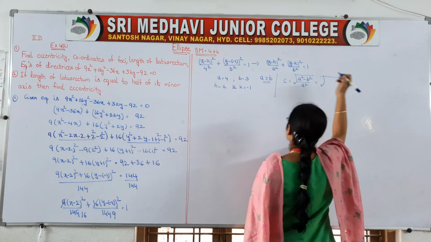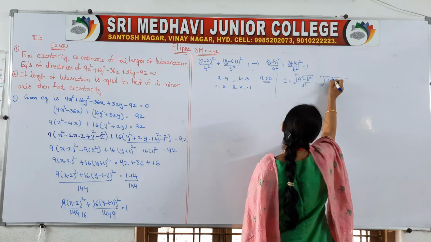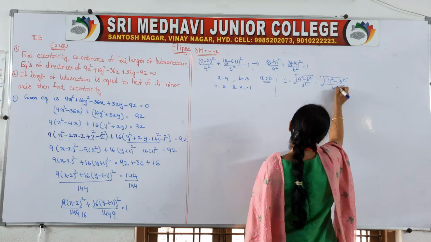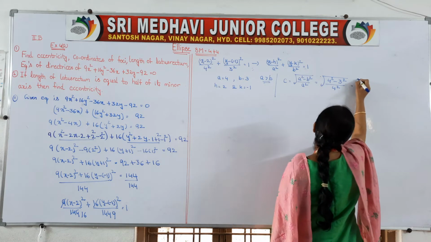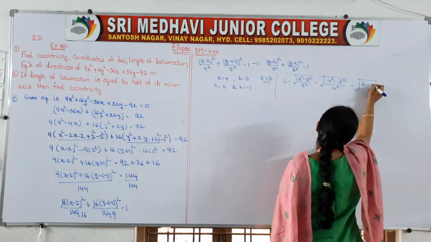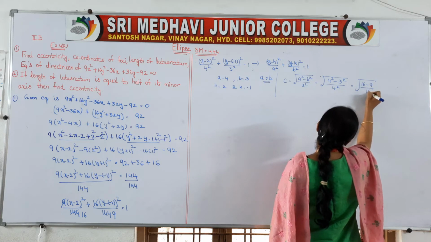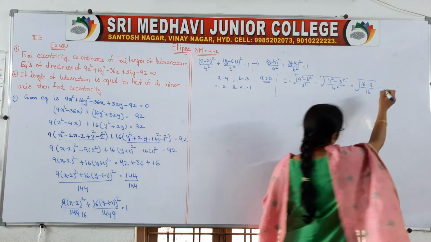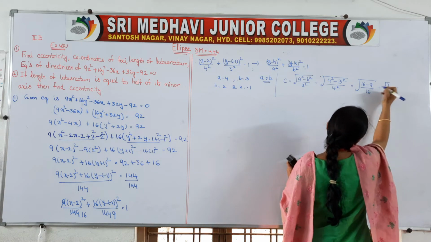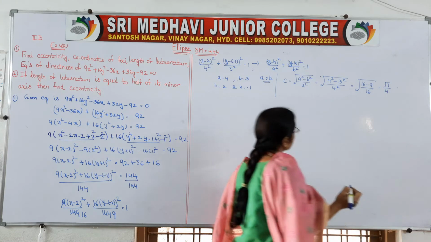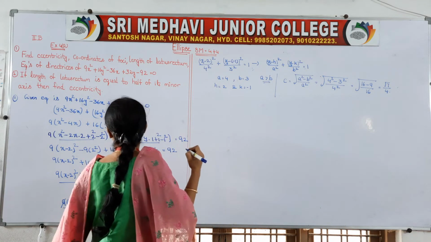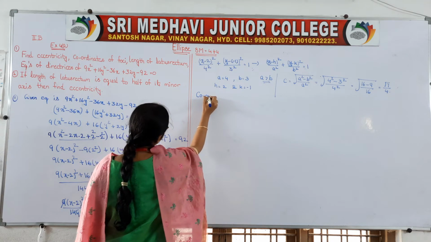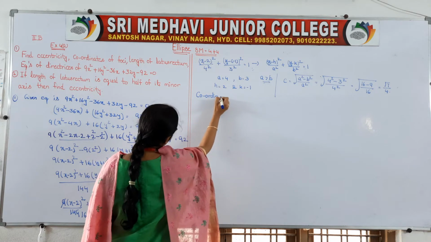So root of a square is 4 square minus b square is 3 square, by 4 square, is equal to root of (16 minus 9) by 16. 16 minus 9 is 7. So root 7 by root 16, which is 4. This is your eccentricity.